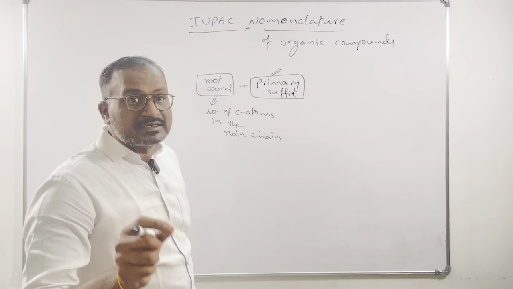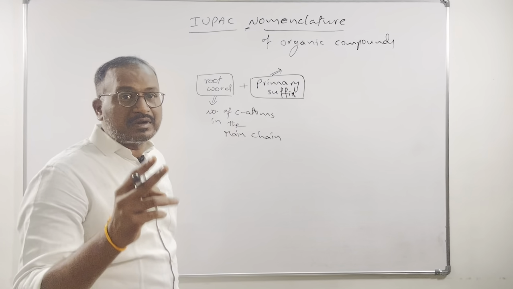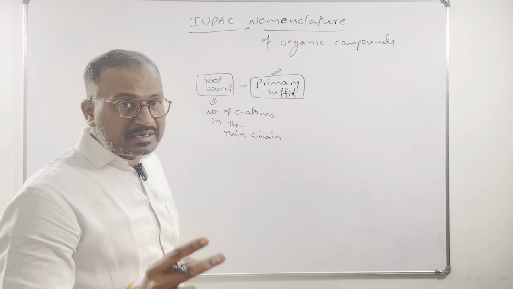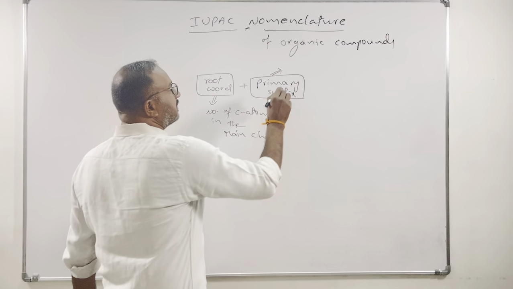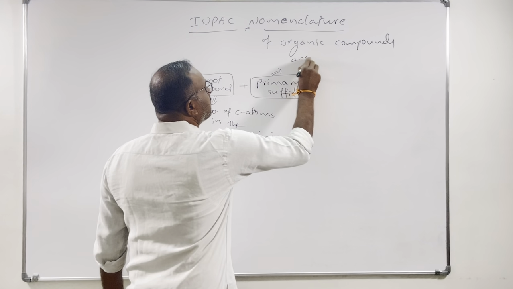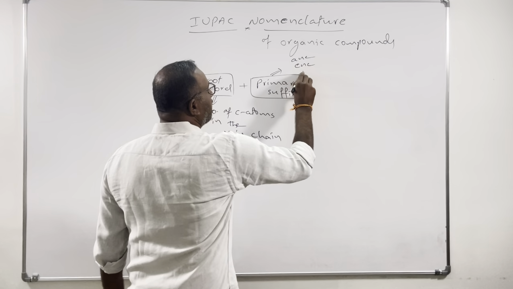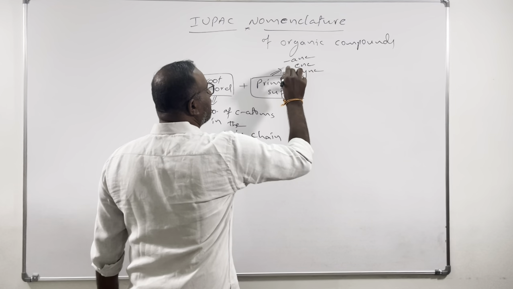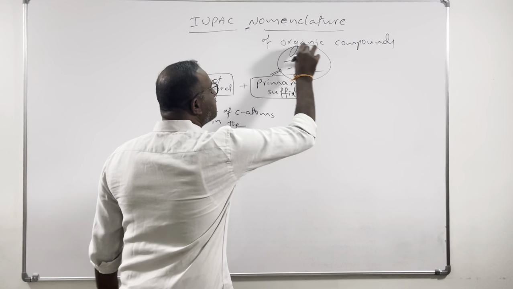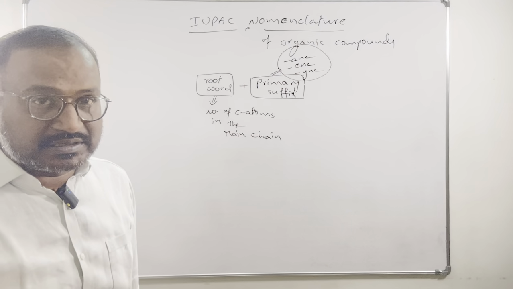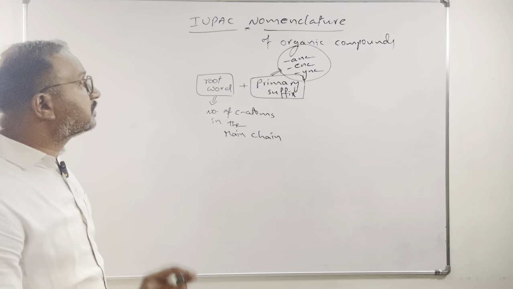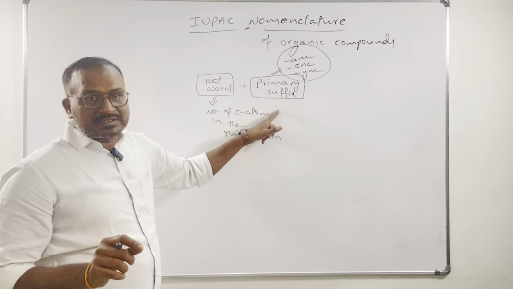If it is unsaturated, meaning it has a double bond or triple bond, we write ene or yne. That is ane, yne, ene. These three words come under primary suffix. There are no other words in primary suffix, only these.